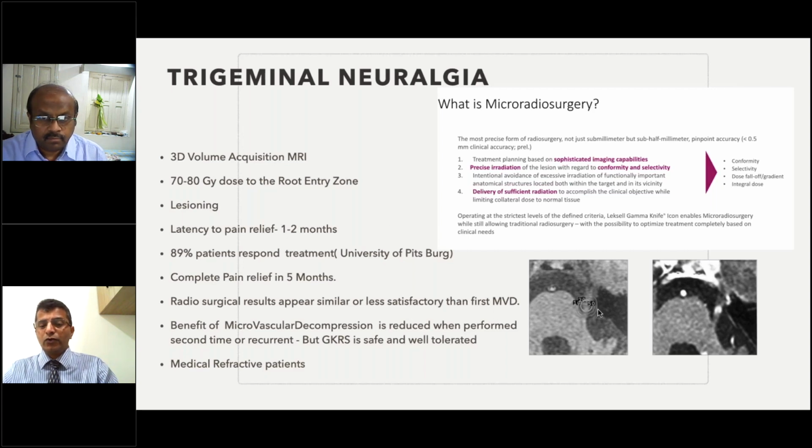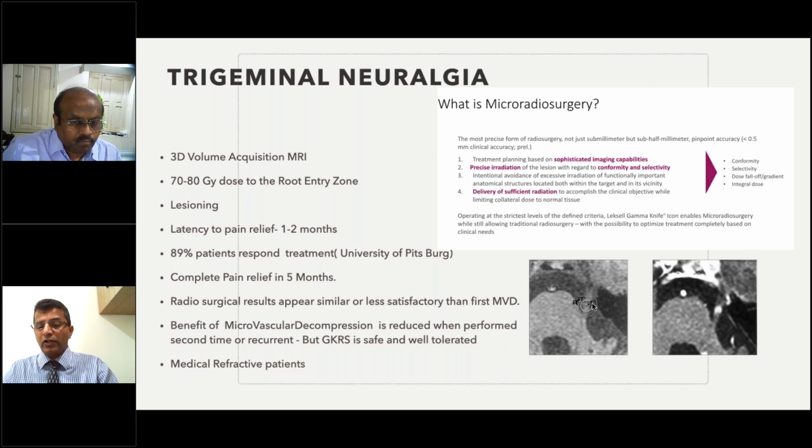When we try to shoot trigeminal neuralgia giving a larger dose, it is also important for the physicist to have the proper sequence of the MR imaging with the proper voxel size, pixel size, and with no inaccuracies to exactly deliver the radiation without deviating from the targets, because this is very close to the brainstem.